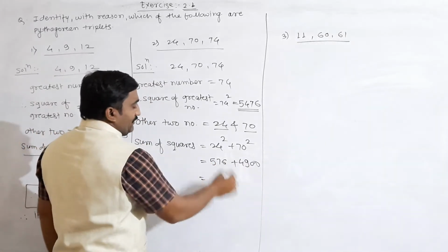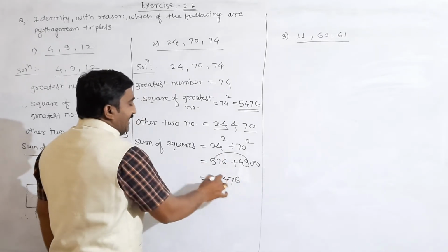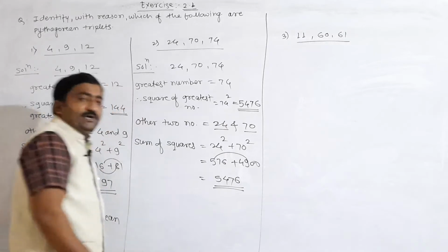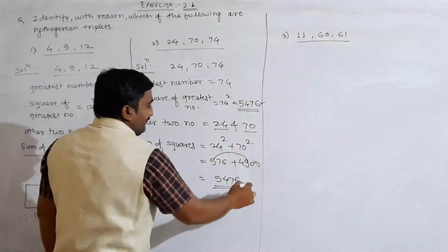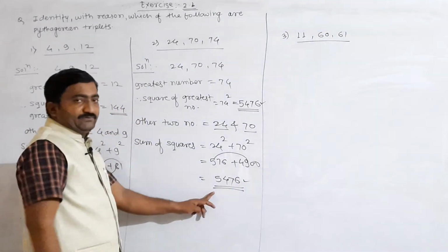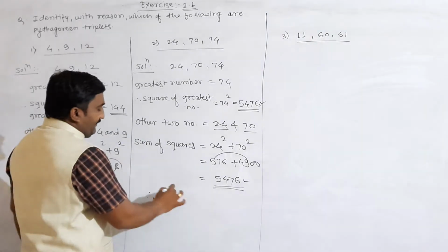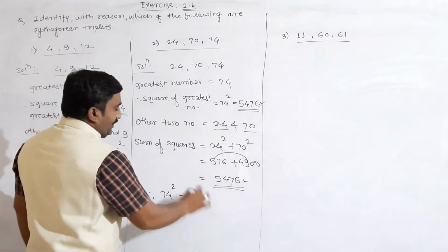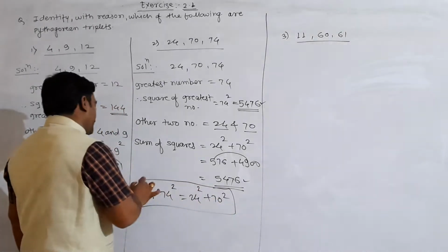Adding these two, we get 5476. Here also 5476. It means 74 square is equal to 24 square plus 70 square.